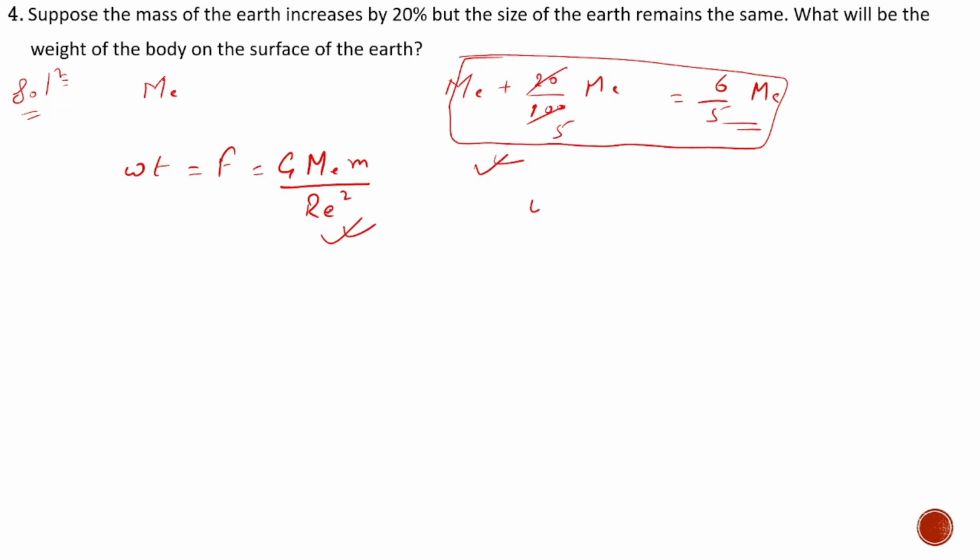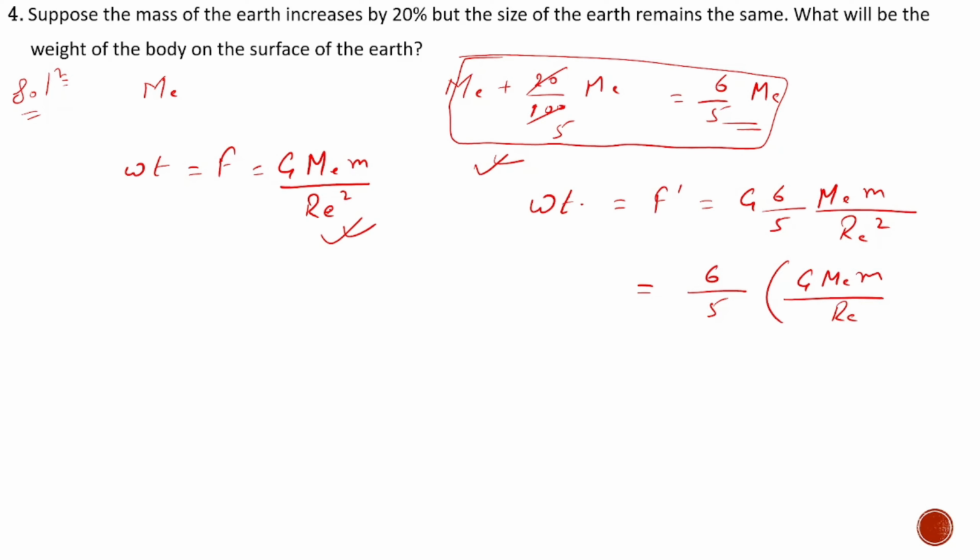Now after increasing the mass of earth, we will have the weight of the object equal to F dash, that is G times, after the increment, 6 by 5 into the mass of earth into the mass of object divided by the radius of earth whole square. So we can see that it is increasing by how many times? 6 by 5 times of G Me m by Re square.